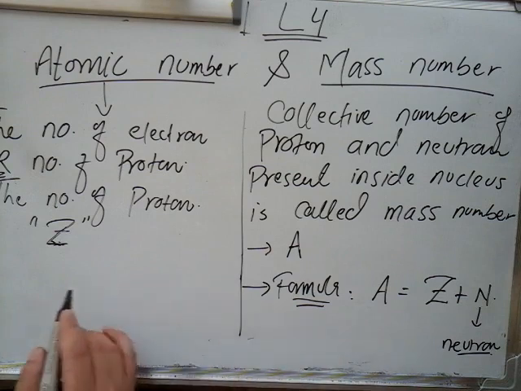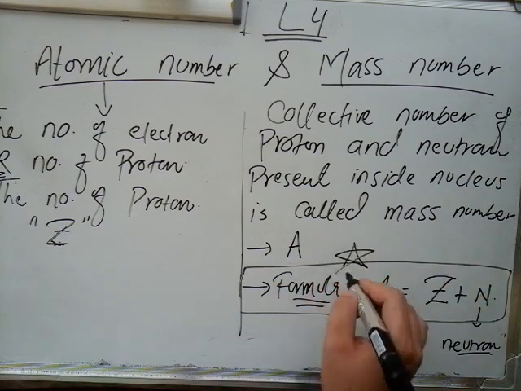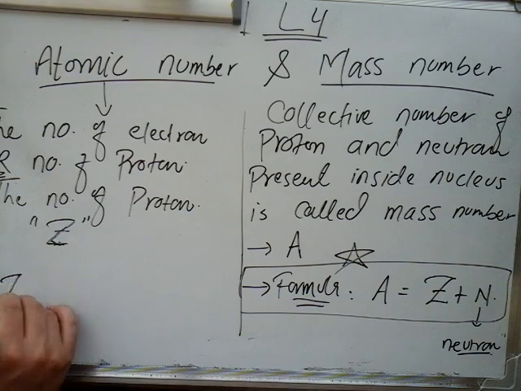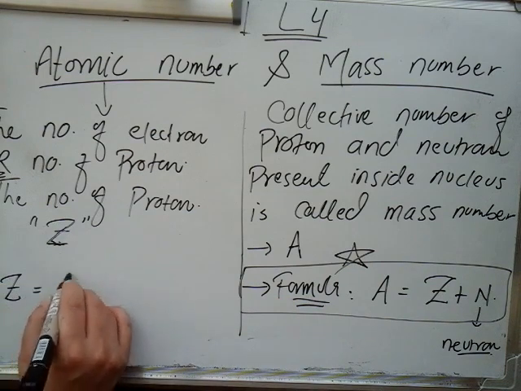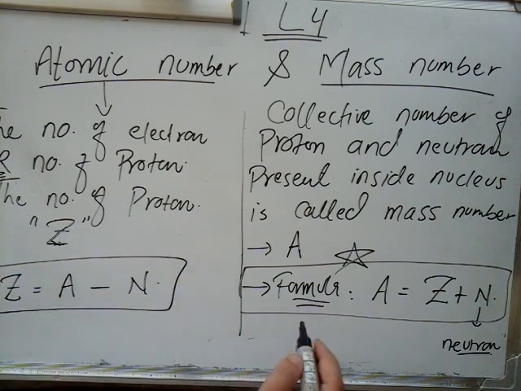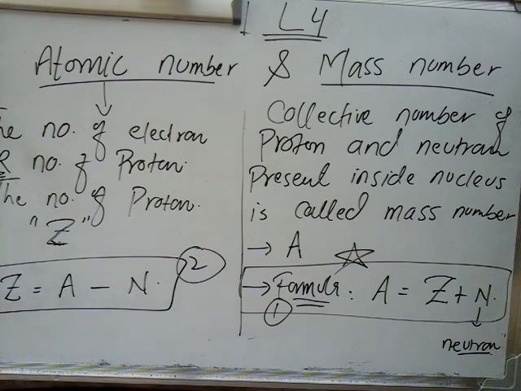This is a very important formula. From this we can also deduce the atomic number: atomic number is equal to mass number minus neutron number. This is the second formula for finding the atomic number.